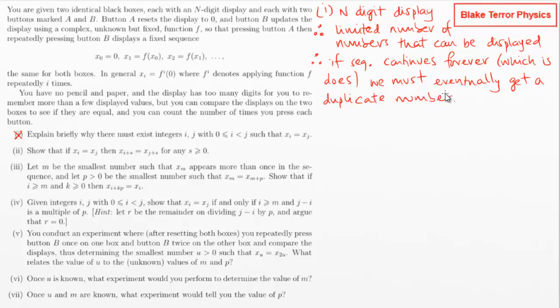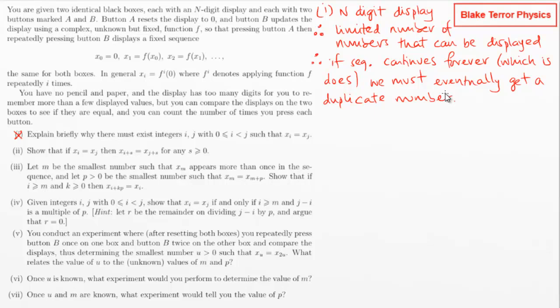Cool, okay. Show that if xi equals xj, then x(i+s) equals x(j+s) for any s greater than or equal to 0. Right, that seems obviously true, because if we've got to the same number and then we go s presses from those, it doesn't matter how we got to that number, we must have the same number that comes afterwards.